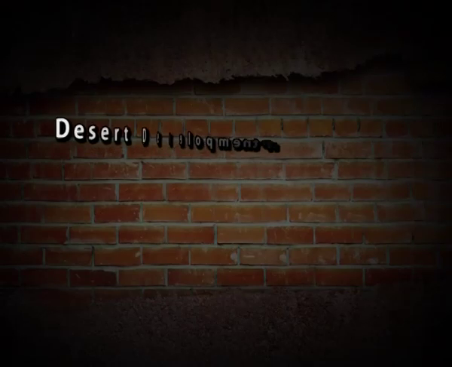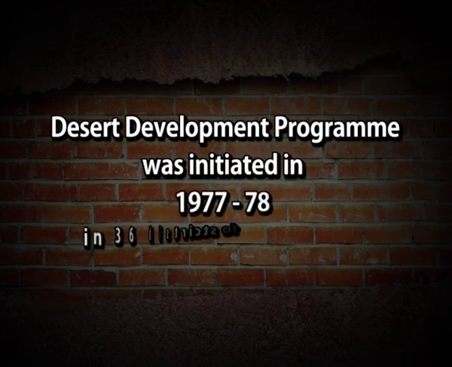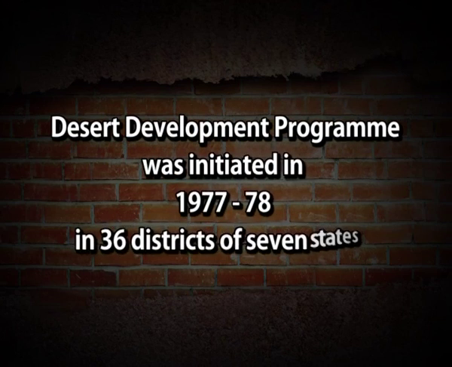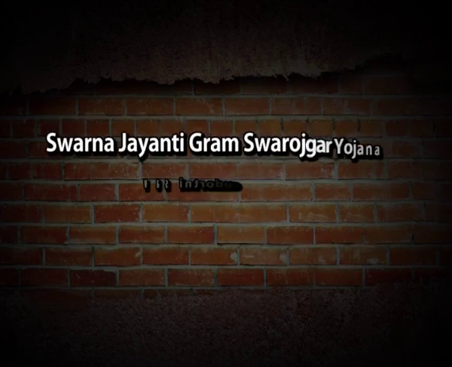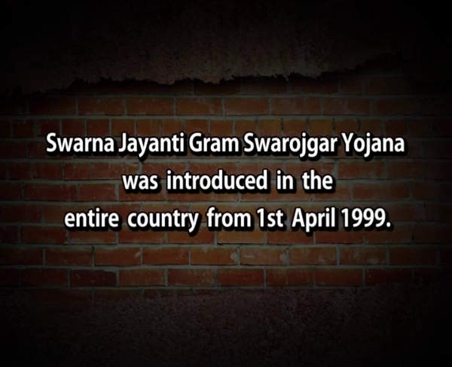Similarly, the Desert Development Program was initiated in 1977-78 in 36 districts of 7 states. Swarna Jayanti Gram Swarozgar Yojana was introduced in the entire country from 1st April 1999.